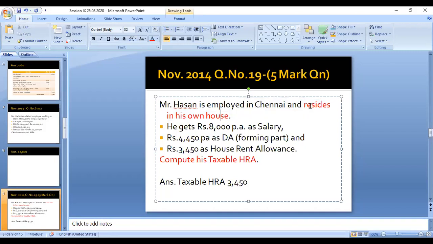So if you are staying in your own house and also receiving HRA, whatever HRA is received, all of that amount, 3,450, is taxable HRA. There is no exemption. So this amount should be written in the taxable column. So this is one problem. If you write the same amount, you can get the 5 marks for this question. Okay, now I will go to another problem.